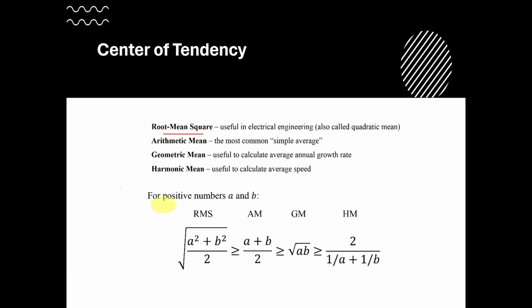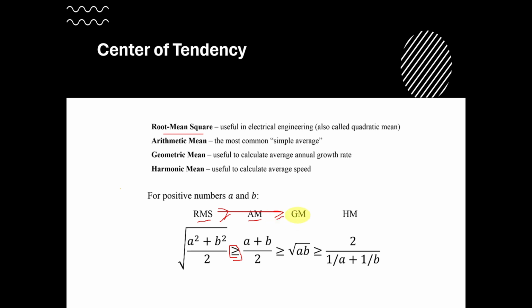So when we discuss the formula, this is the formula for RMS: the square root of a square plus b square divided by 2 is always greater than or equal to arithmetic mean. So RMS is greater than or equal to arithmetic mean.